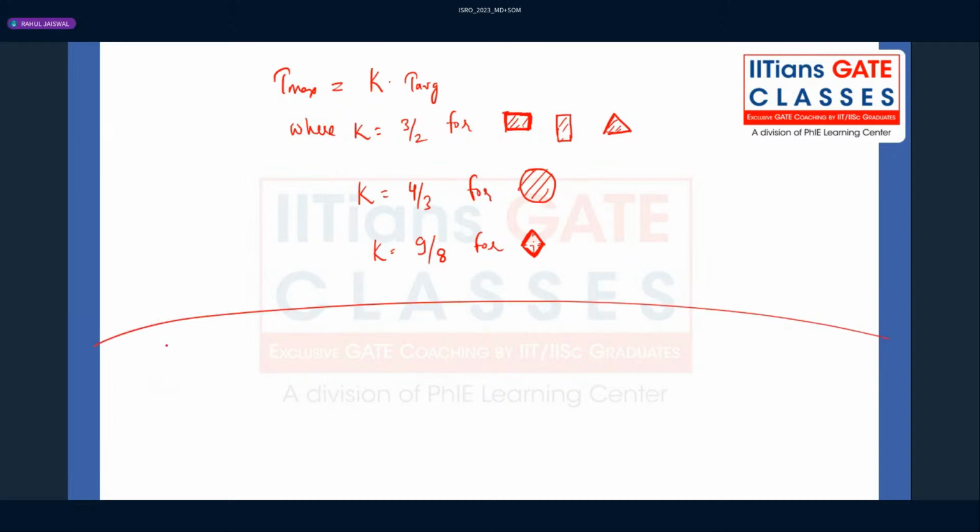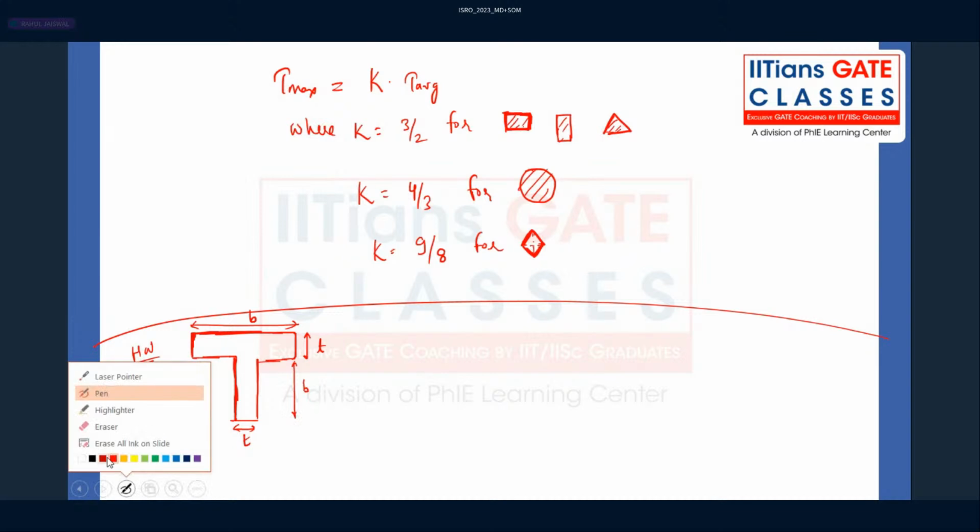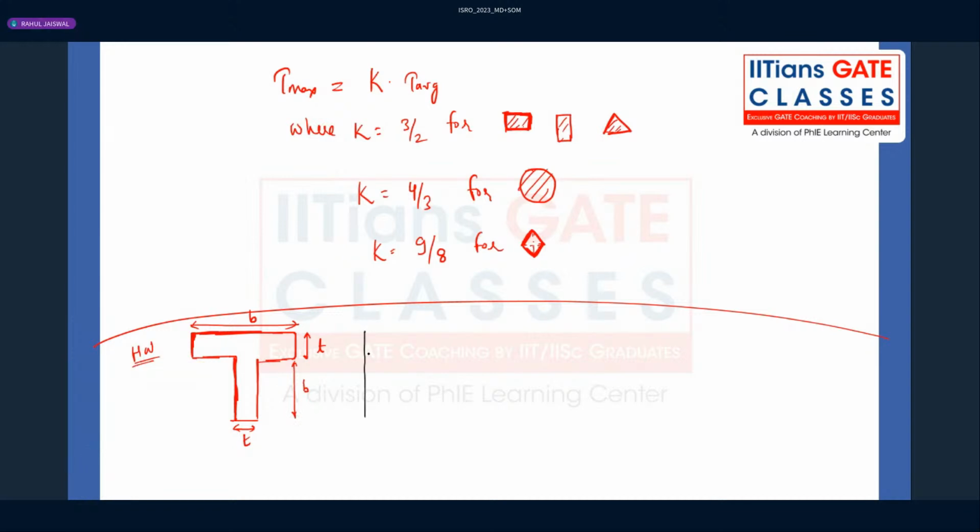When they talked about the shear stress, I'm giving you this as homework, try to answer it. In the next session, I will try to answer this question. This particular T section we have has a flange width B. Suppose four options are given to you.